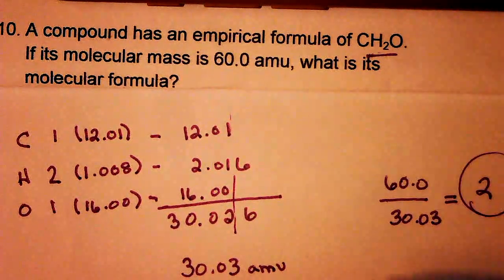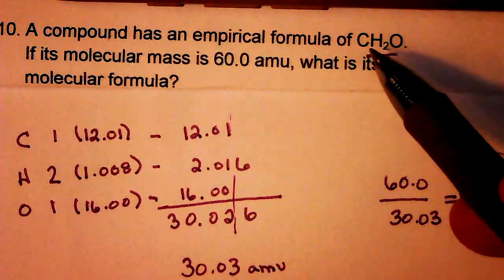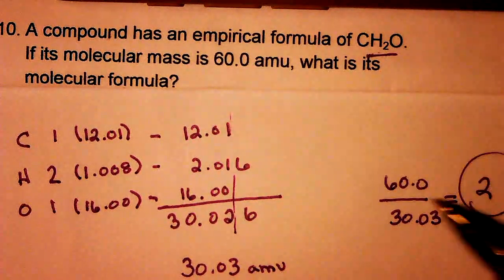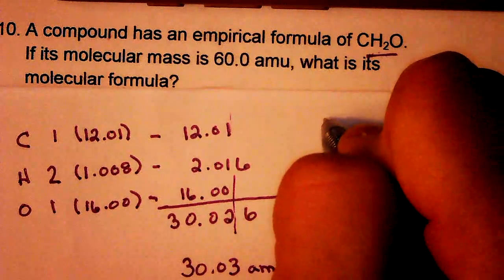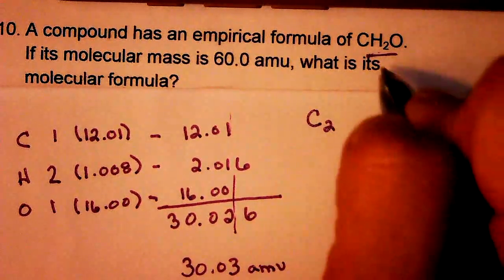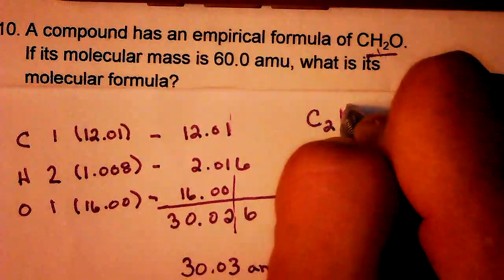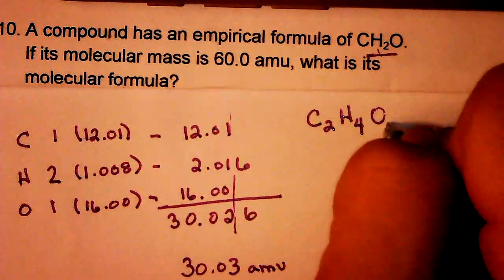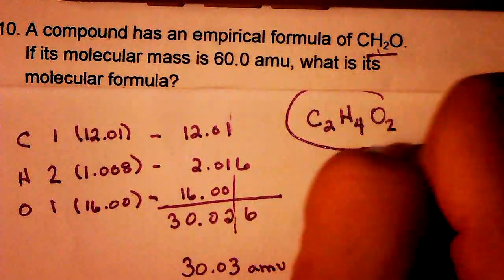What that tells me is that I need to double the amount of atoms I have here in order to get the correct molecular formula. So I have 1 here, so I will make that 2. I have 2 here, so I will double it and make it 4. And I have 1 here, so I will double that and make it 2.